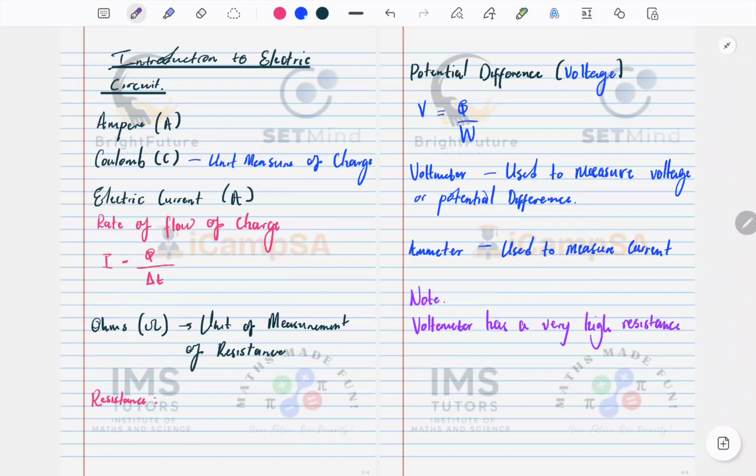What does this mean? This means no current passes through the voltmeter. So there is no current that passes through a voltmeter, but it can pass through an ammeter, because an ammeter doesn't have a very high resistance.